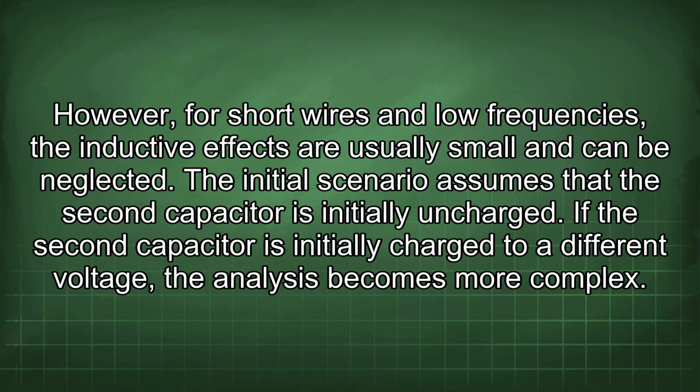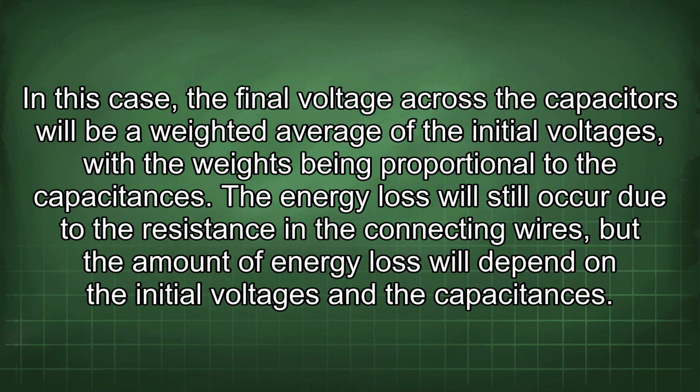The initial scenario assumes that the second capacitor is initially uncharged. If the second capacitor is initially charged to a different voltage, the analysis becomes more complex. In this case, the final voltage across the capacitors will be a weighted average of the initial voltages, with the weights being proportional to the capacitances. The energy loss will still occur due to the resistance in the connecting wires, but the amount of energy loss will depend on the initial voltages and the capacitances.